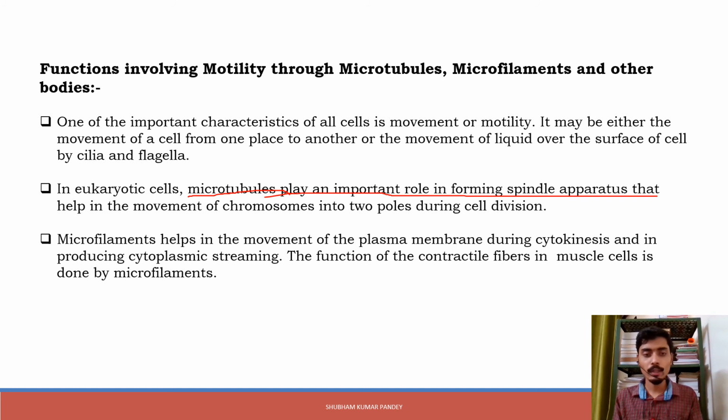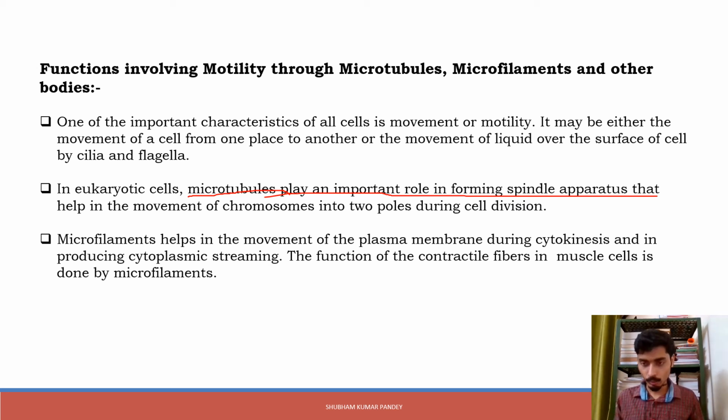Now microfilaments help in the movement of the plasma membrane during cytokinesis and in producing the cytoplasmic stream. We know there is a movement of cytoplasm inside the cell membrane, which is called cytoplasmic streaming. So microfilaments help in cytoplasmic streaming and cytokinesis. The function of the contractile fibers in muscle cells is done by microfilaments.